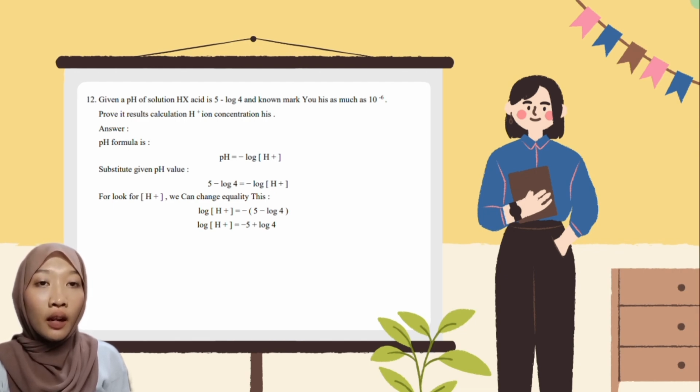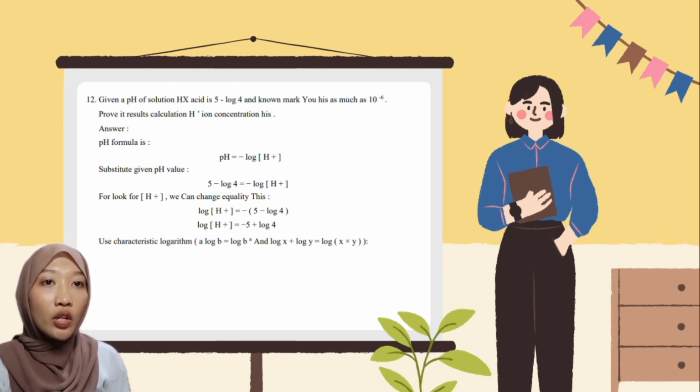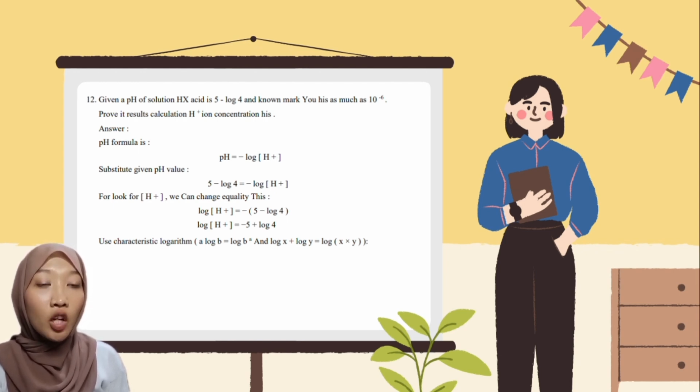Next, use the characteristics of logarithms: a log b equals log b to the power of a, and log x plus log y equals log x times y. Next, log concentration H plus is equal to log 10 to the power of minus 5 plus log 4 equals log 4 times 10 to the power of minus 5.